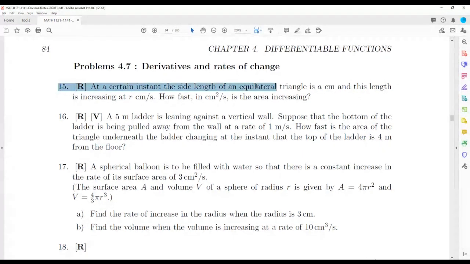It's just a standard one, and you've got an equilateral triangle, and the length of the sides are increasing at a certain rate. And the question is, how fast is the area increasing? With these kinds of questions, I tend to like to draw pictures. So let's see if we can put that into a picture somewhere.